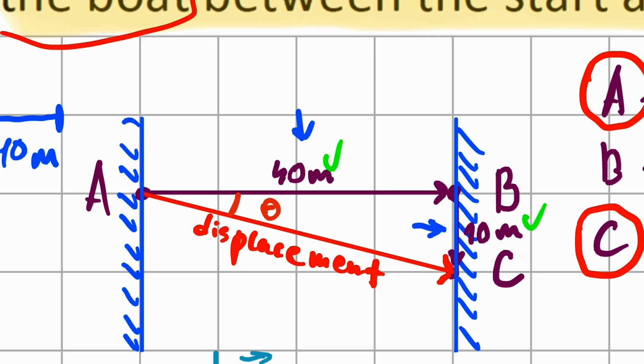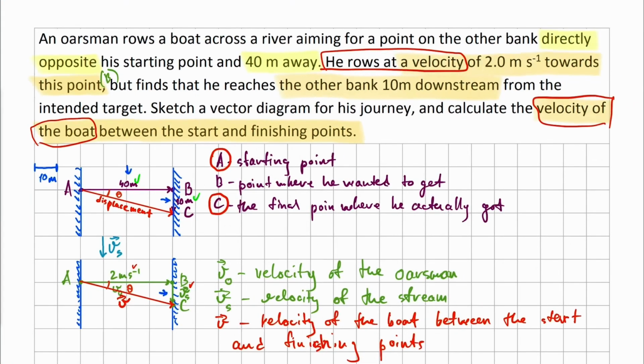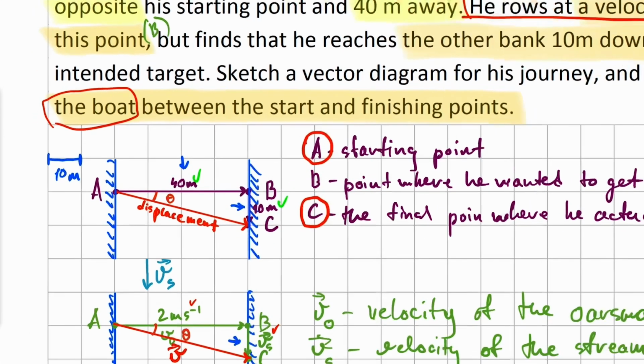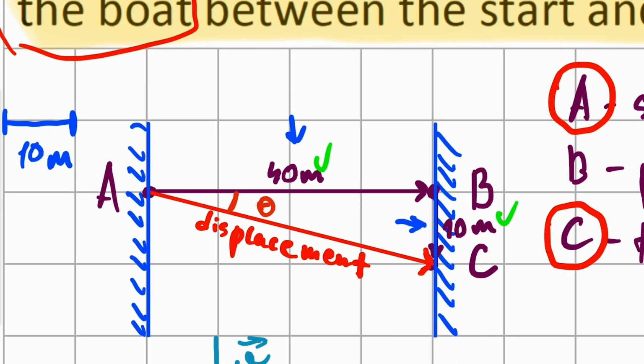He obviously traveled from A to C, not from A to B, and AC can't be 40 meters long. It's approximately that. So the guys have just found some similar numbers, and they were actually able to get a similar answer, but it's the wrong way of solving this problem.